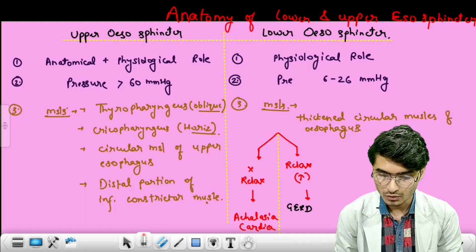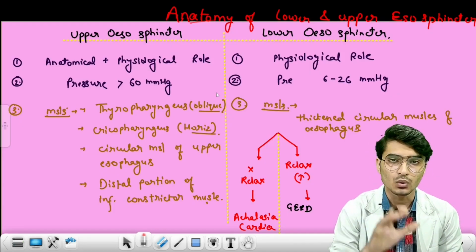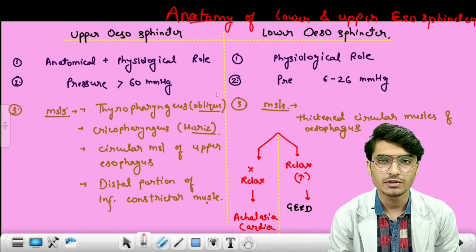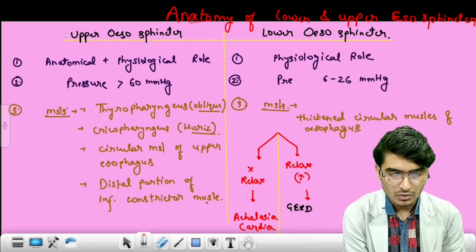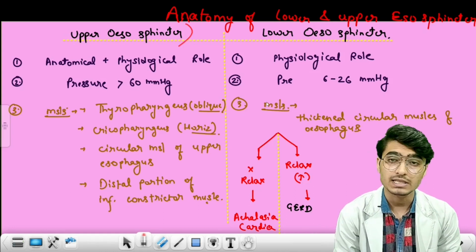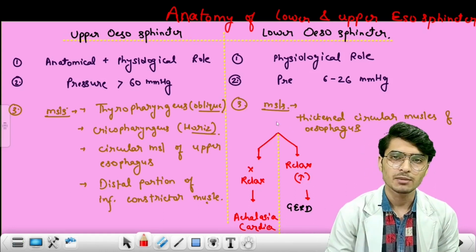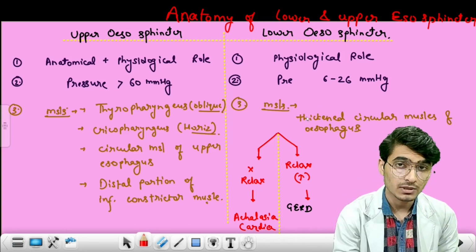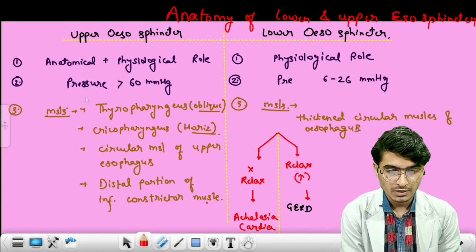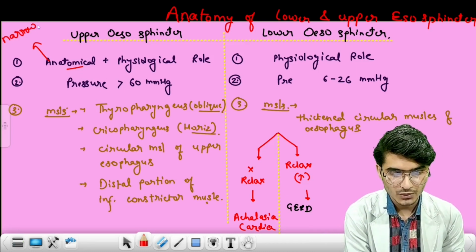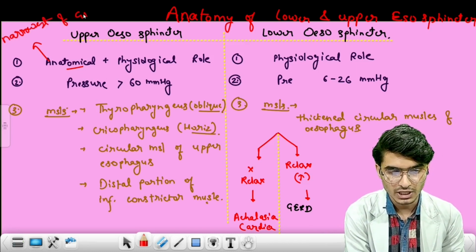Okay, so we will go for the anatomy, and the whole anatomy of the esophagus has been discussed in my previous videos. You can go for that, but now we will go for the relevant topic, that is the upper esophageal and lower esophageal sphincters. The upper esophageal sphincter plays an anatomical and a physiological role. Anatomical means that it is the narrowest portion of the GIT, right?